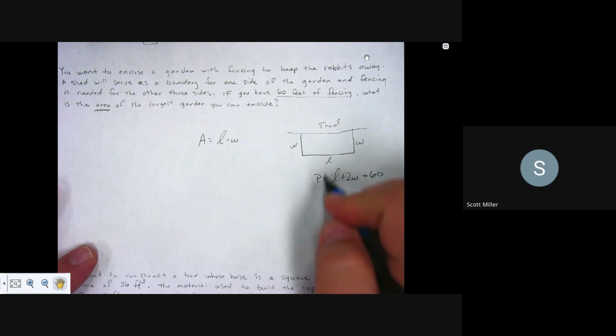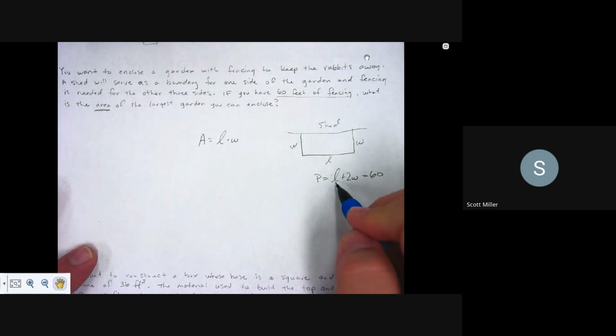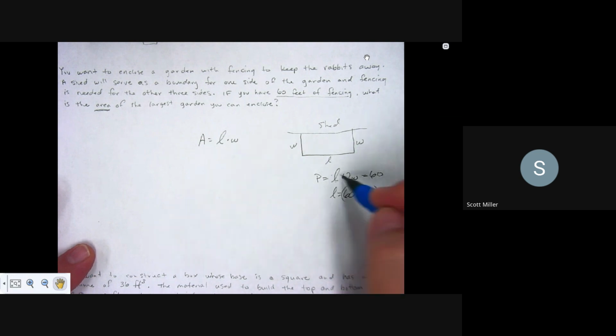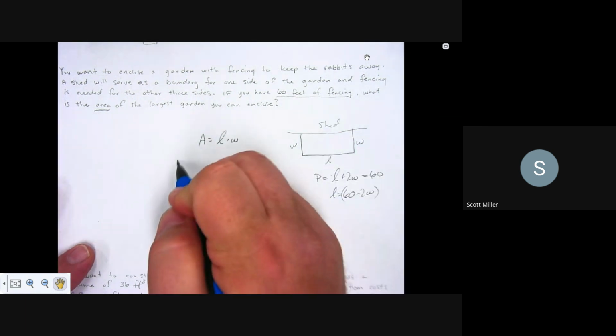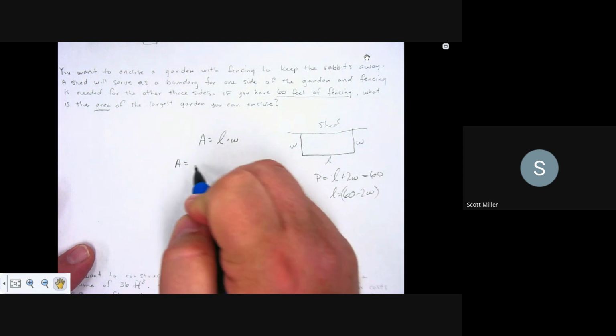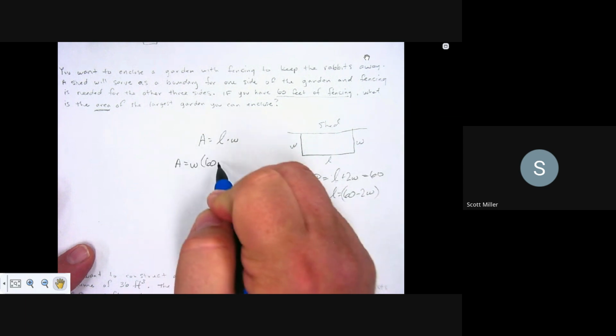So from this right here, I can then solve for one of the variables. Obviously, L is the easiest one to solve for: L = 60 minus 2W. And so this becomes our relationship between the variables, and I can take that quantity and plug it into the area equation and get the area formula with only 1 variable in it.